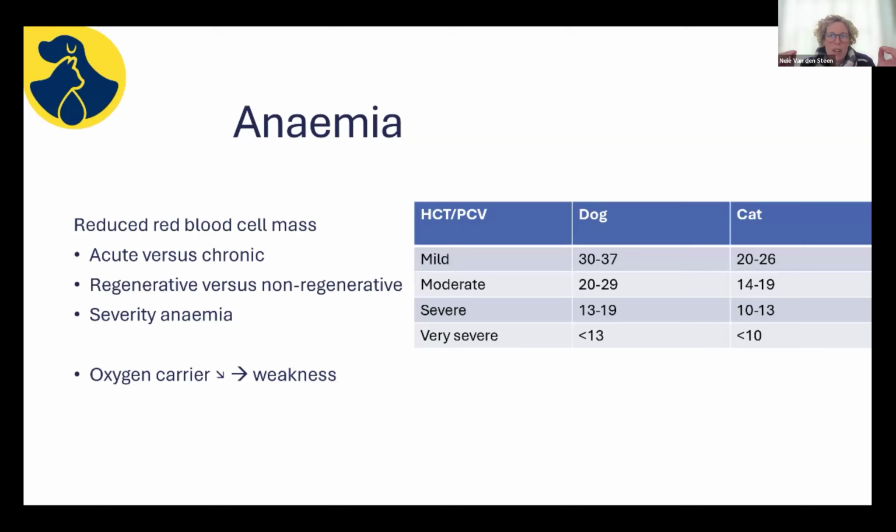Dogs that are not coping because they don't have enough oxygen to go around, you will notice their heart rate will go up because they're going to start to pump those blood cells around twice as many times a minute to try and get more oxygen around the body, and they're going to be breathing faster as well.